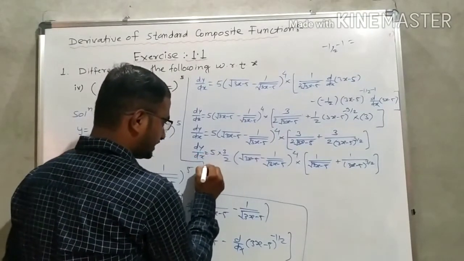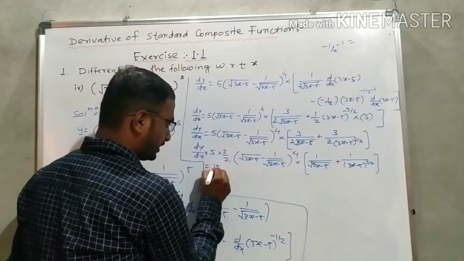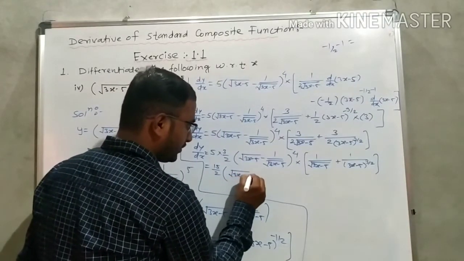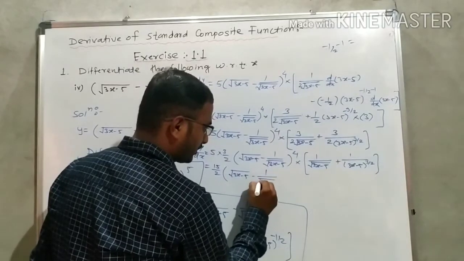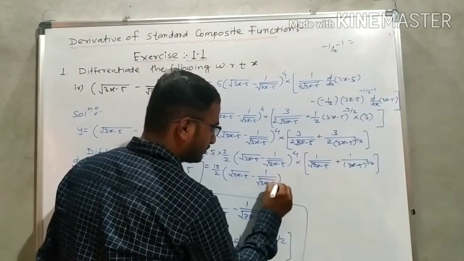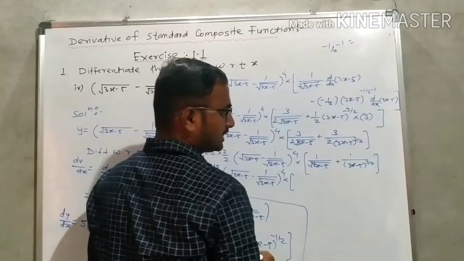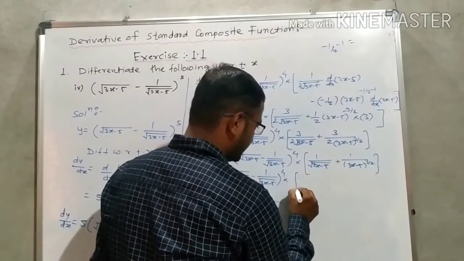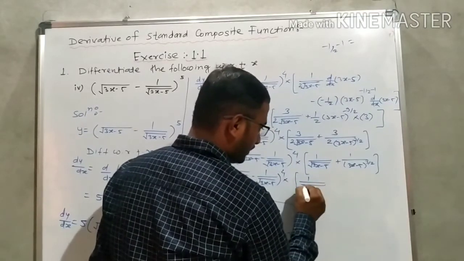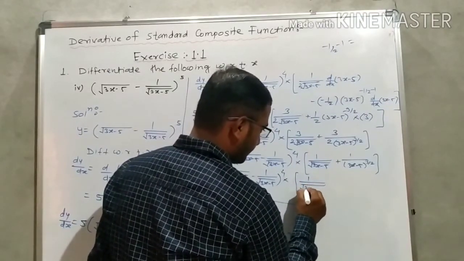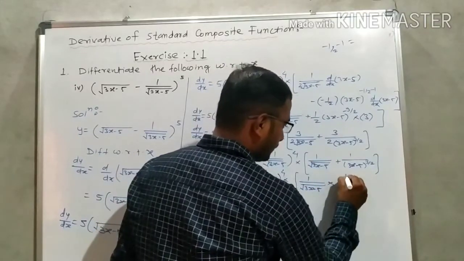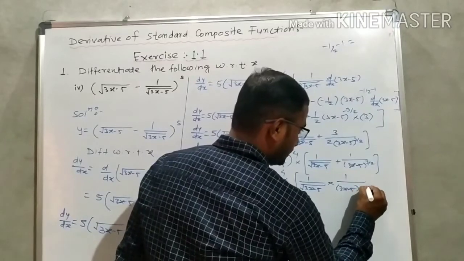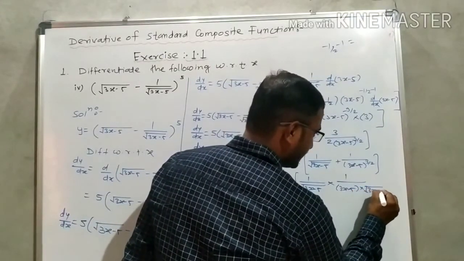So that is dy by dx equals 5 into 3, 15 by 2, into square root of 3x minus 5 minus 1 upon square root of 3x minus 5, the bracket to the power 4, into. So this term can be written as 1 upon square root of 3x minus 5 into 1 upon 3x minus 5 into square root of 3x minus 5.